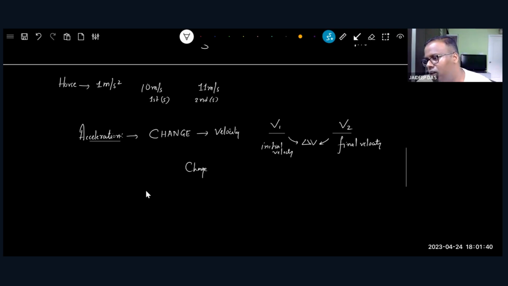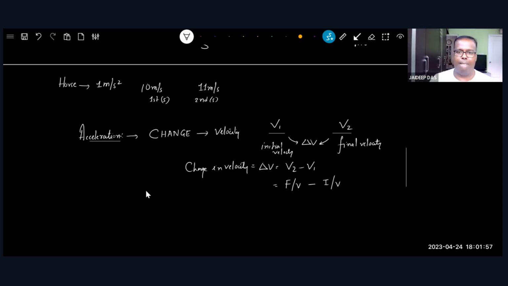So what is the change in velocity? What is delta V equal to? Sir, V2 minus V1 was a better way to remember it. Sir, final velocity minus initial velocity. So the moment acceleration comes, it will bring two kids with it. Who are the two kids?